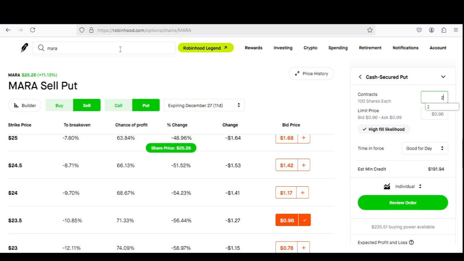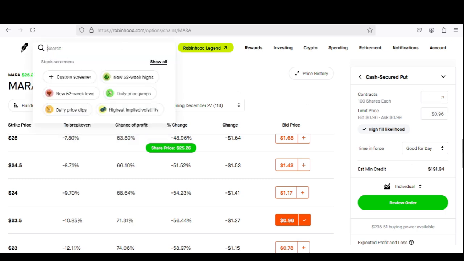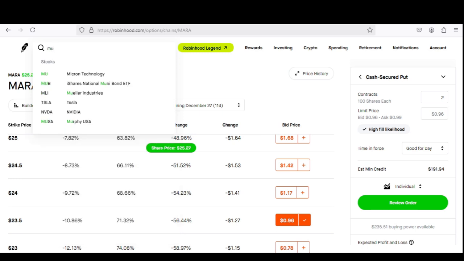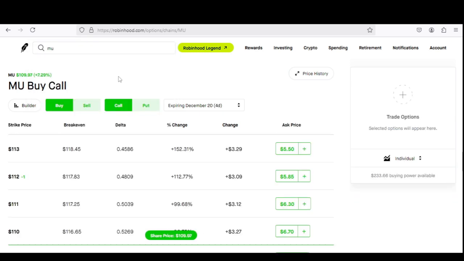Now let's go back to Micron Technology, MU. So remember, we did purchase a LEAPS option on Micron, which now gives us a controlling interest of 100 shares. What that does is that's going to allow us to sell covered calls on these. So for that strategy, we're going to go to sell and we're going to go to call, and now we're going to go ahead and choose our strike price once again.